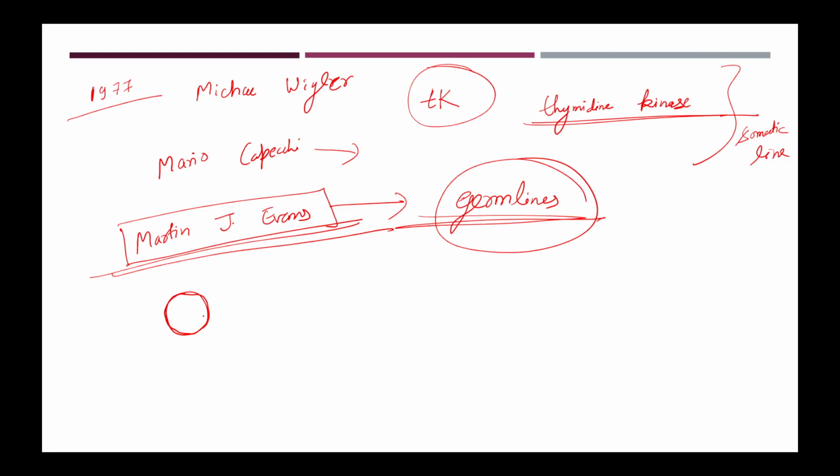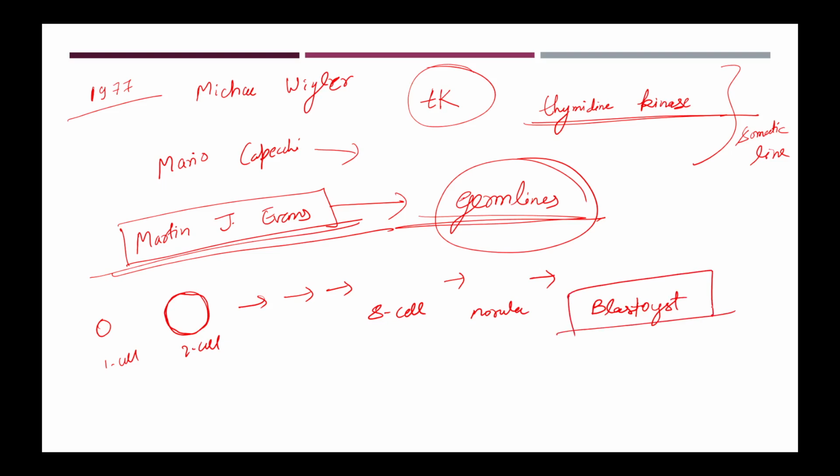Okay, so he used these germ lines, and you know that when the zygote develops, it undergoes cell division from one cell to two cells, then followed by several divisions, it will go to 8 cells. Then there is a stage of morula, and then the blastocyst stage.